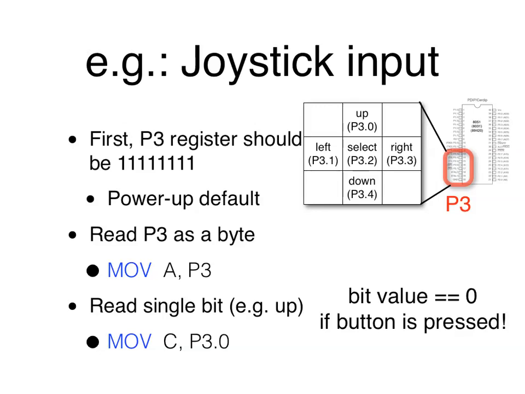And you've seen how switches are connected, right? Most of the time they're disconnected, and when you press the button, it connects to ground. Otherwise, it's pulled up by default to the supply level. Now to read the input, remember, you have to initialize this style of GPIO port to all ones.